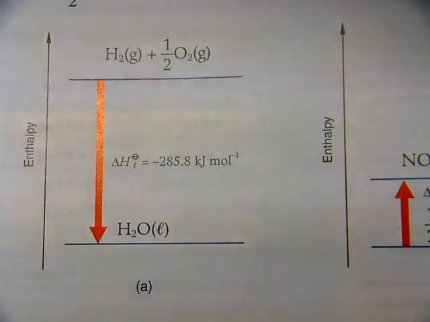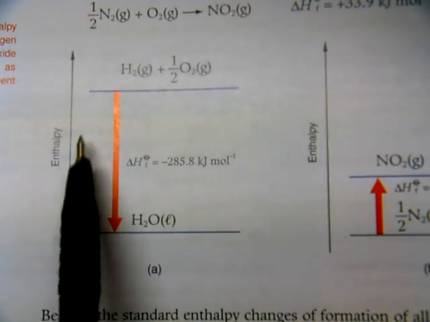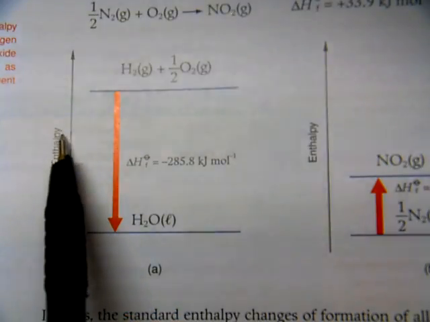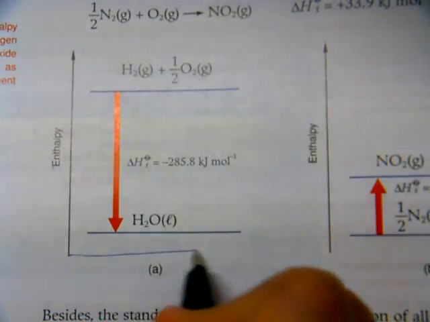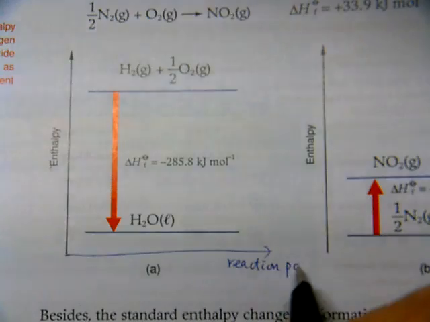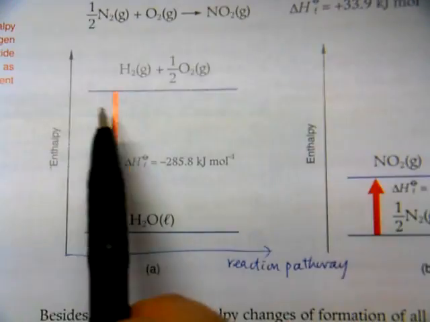So let's talk about its enthalpy level diagram. Now I must emphasize again, please label the y-axis, it is enthalpy. X-axis is the reaction pathway. Again, you may miss the x-axis.